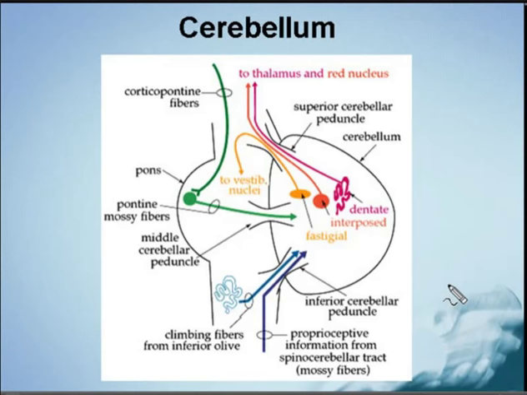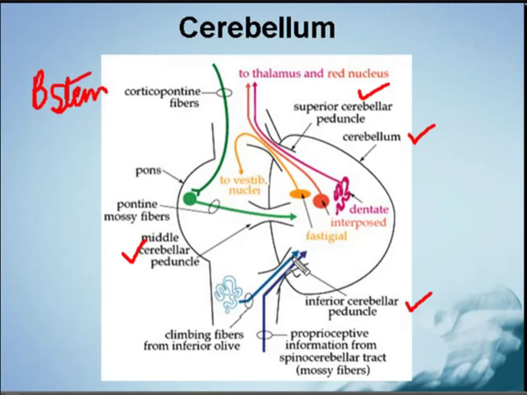Here is the cerebellum. This is connected to the brain stem by means of these three peduncles, the superior, the middle, and the inferior cerebellar peduncle. And by means of these peduncles, it's also connected to the spinal cord.